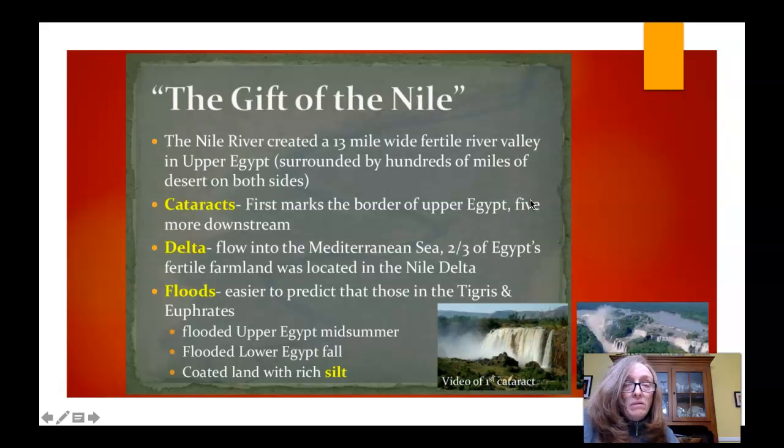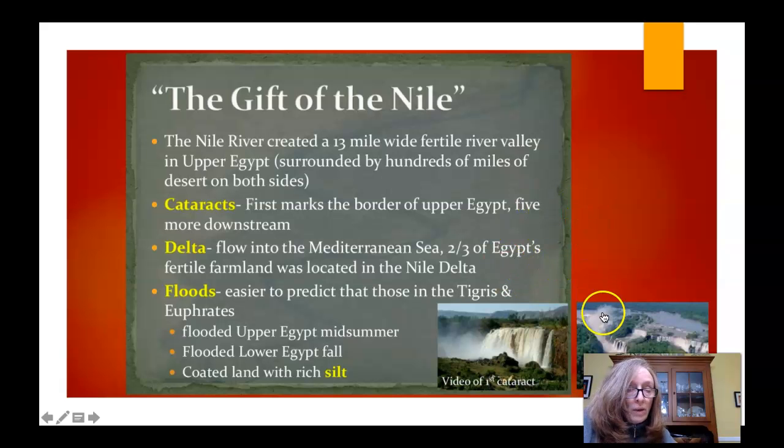So, the gift of the Nile is this fertile soil that the Nile River brings. And it creates this approximately 13-mile wide fertile river valley on either side of the Nile River. Beyond that fertile area is nothing but desert.